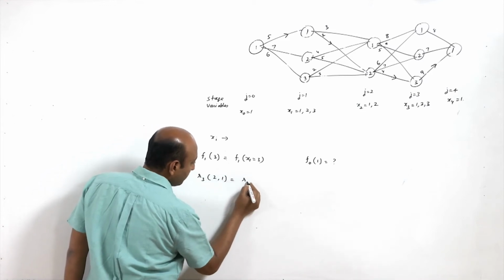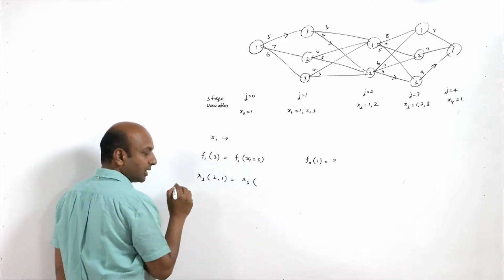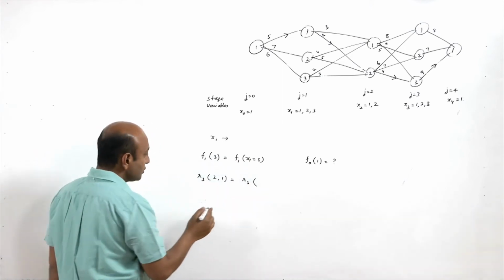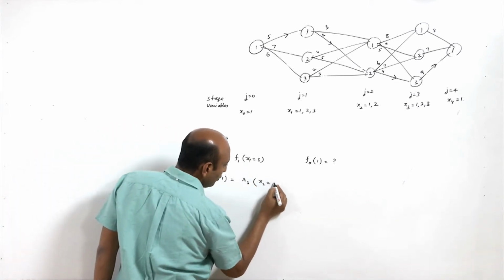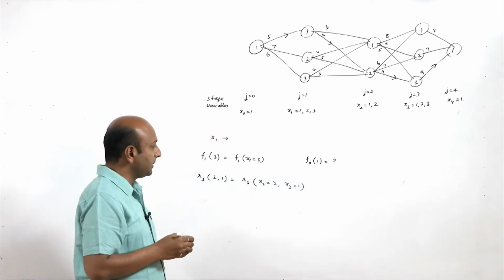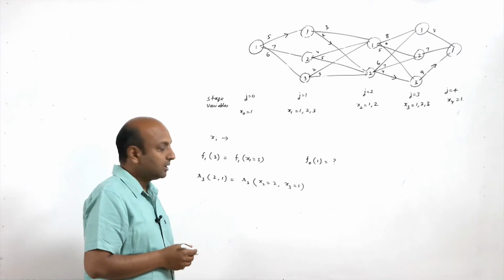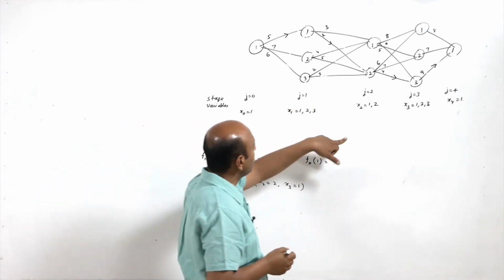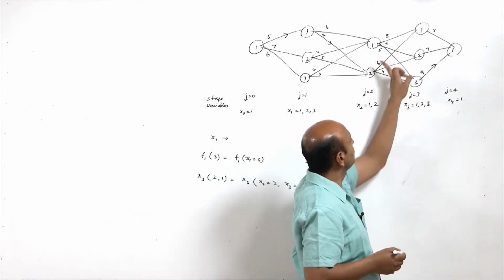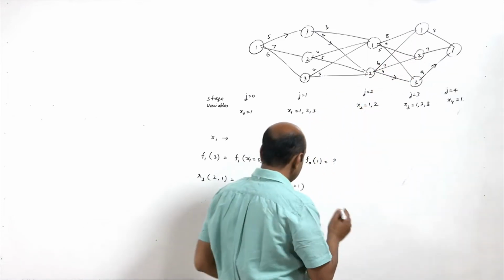So r321 means j plus 1 is 3, that means j is 2. So that means x2 equal to 2 to x3 equal to 1. It is an arc length from x2 equal to 2, which is this, to x3 equal to 1, which is this. So the arc length is 6 units, so it is equal to 6.